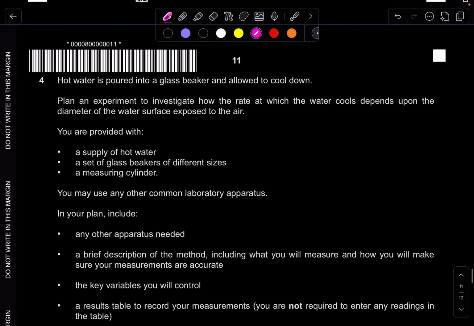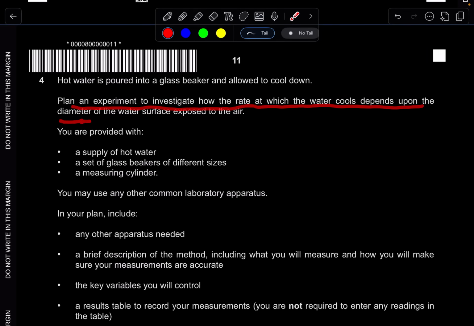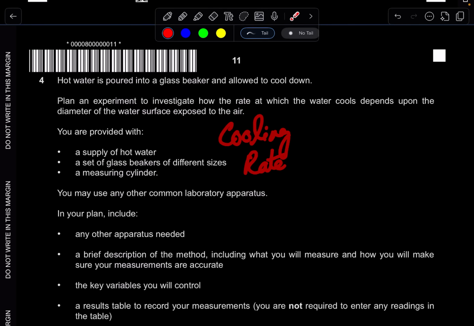In the fourth question, this is the planning part. The scenario given is, hot water is poured into a glass beaker and allowed to cool down. Plan an experiment to investigate how the rate at which the water cools depends on the diameter of the water surface exposed to the air. So you have to relate the cooling rate with the diameter of the container, right?